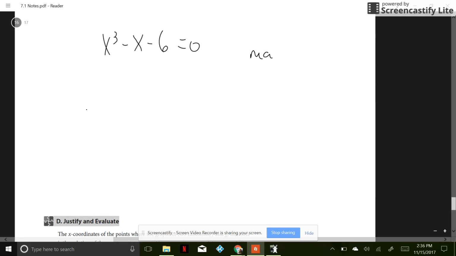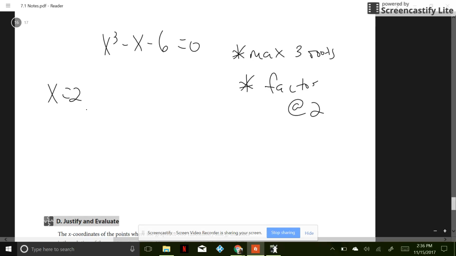It's going to have a max of 3 roots. If you plug it into your calculator, you should find a factor at 2. So that tells us then that x should be 2. So the length width is going to be 2 minus 1, which is 1. And the height is going to be 9.